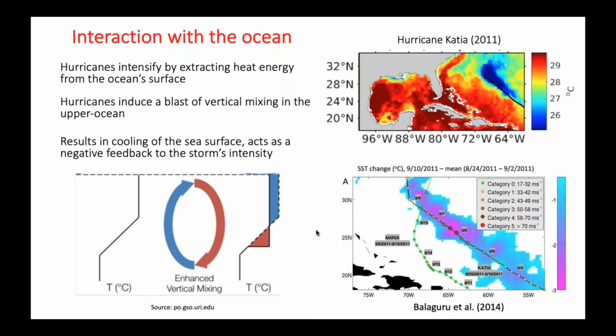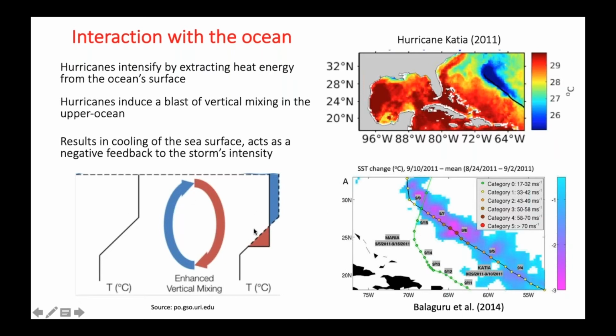So hurricanes are essentially nature's idealized Carnot engines, and they actually intensify by extracting heat energy from the ocean surface. So when a hurricane is over the ocean, it induces tremendous vertical mixing, which leads to entrainment of cooler water from the subsurface to the surface, which leads to cooling of the sea surface.